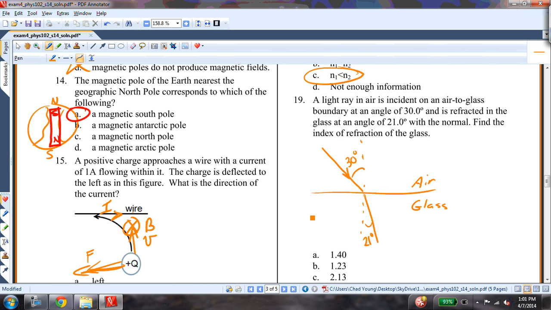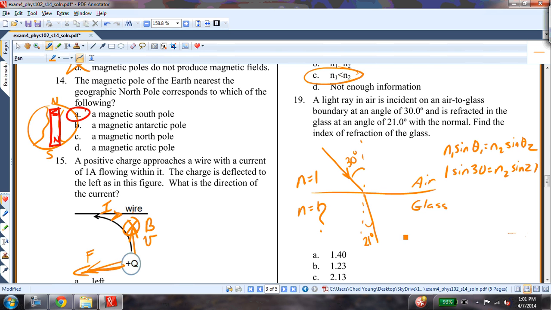And I want to know what is the index of refraction of glass. Index for air is 1, so that's going to be N1 sine theta 1 equals N2 sine theta 2. That's 1 sine of 30 equals N2 sine of 21. And then we solve that for N2.